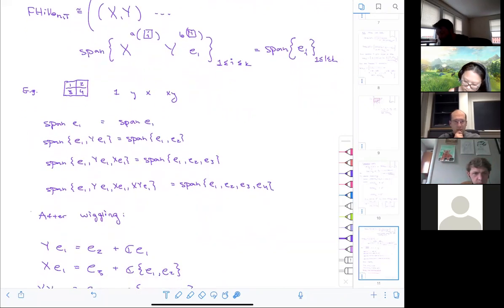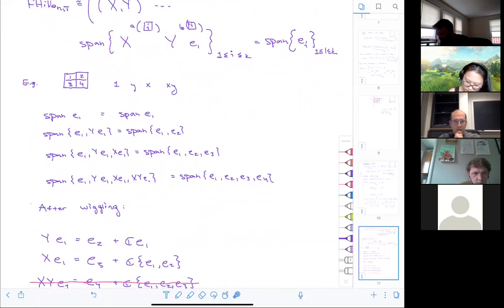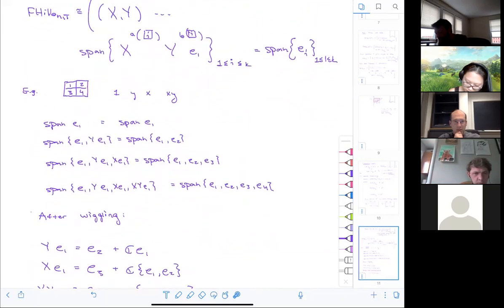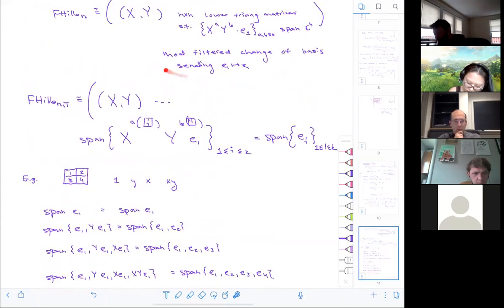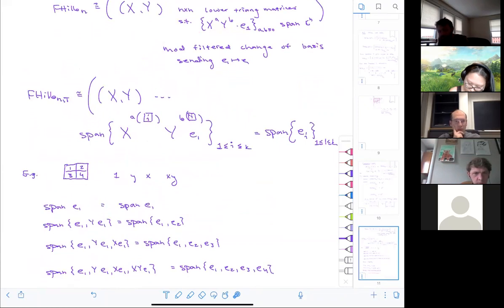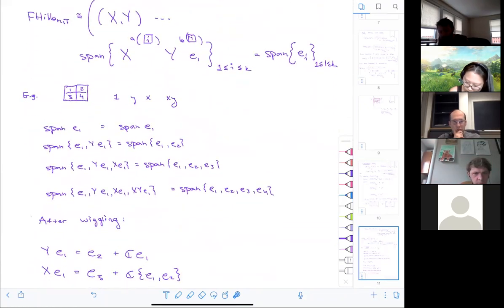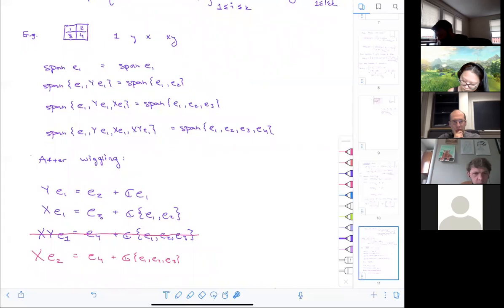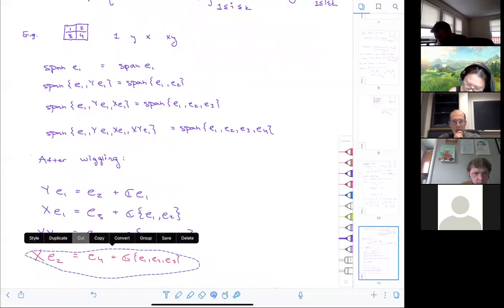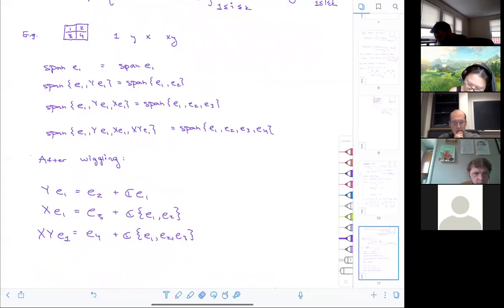There's still some freedom to change basis here. After wiggling a little bit, you can require that y evaluated on E1 is E2 with some non-zero coefficient.